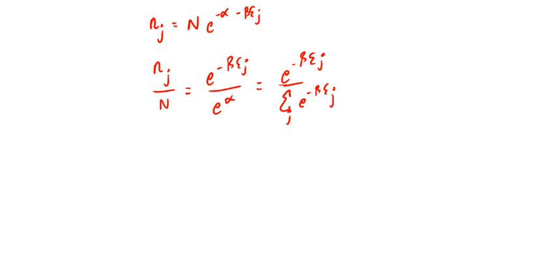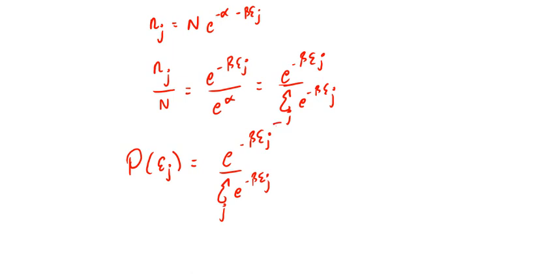It says the probability that a particle has energy epsilon_j is e to the minus beta epsilon_j over the summation over j of e to the minus beta epsilon_j.